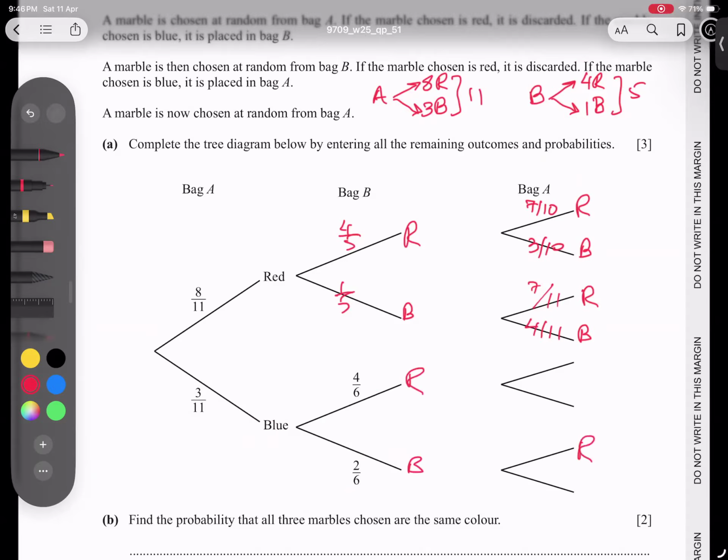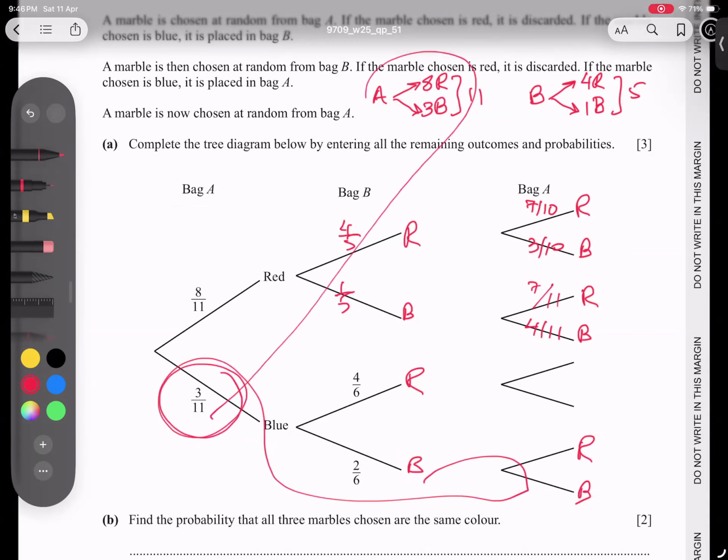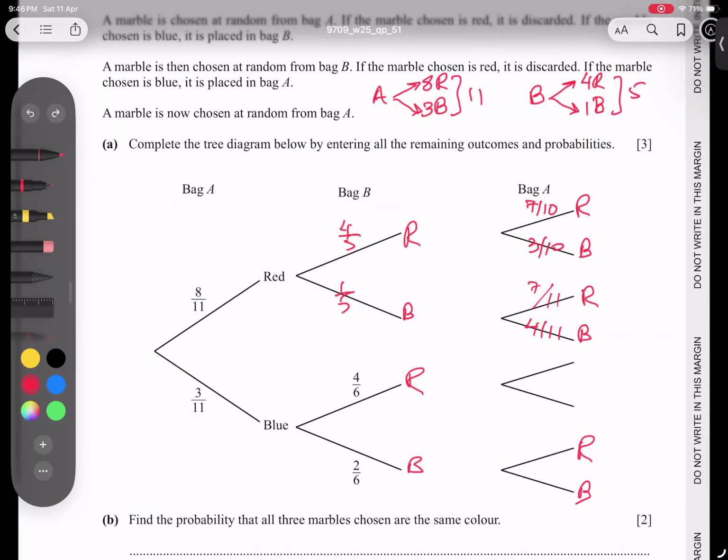Again we have a red and blue, so let's decide this one. Keep in mind one blue is taken, and this again is blue, so we will add. But before we add, we must know what situation is in bag A after bringing one marble from A to bag B. This blue was 3 in the beginning, but when we shifted, this 3 turned to be 2, and this 11 turned to be 10.